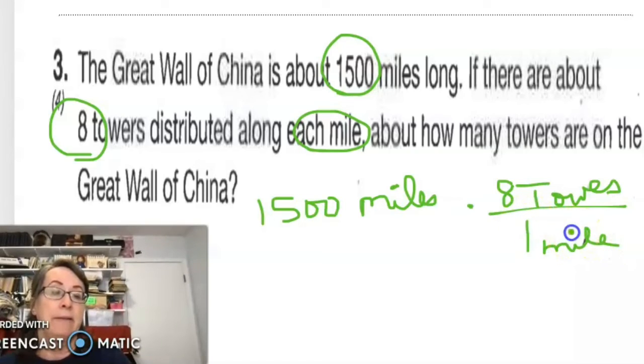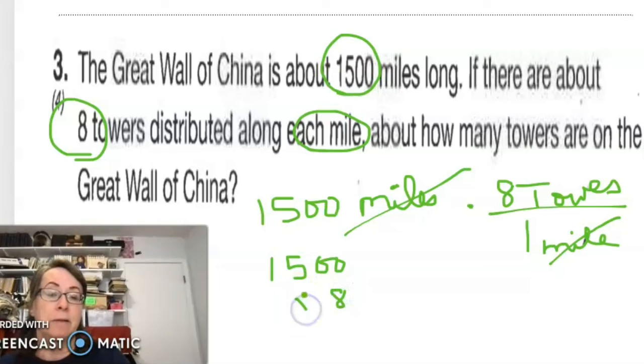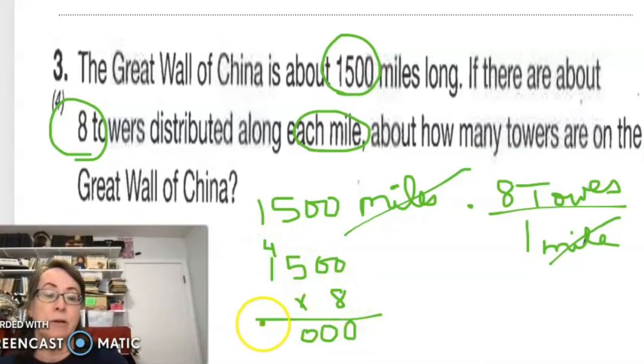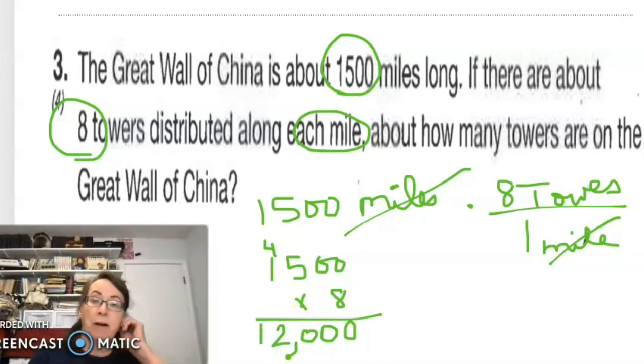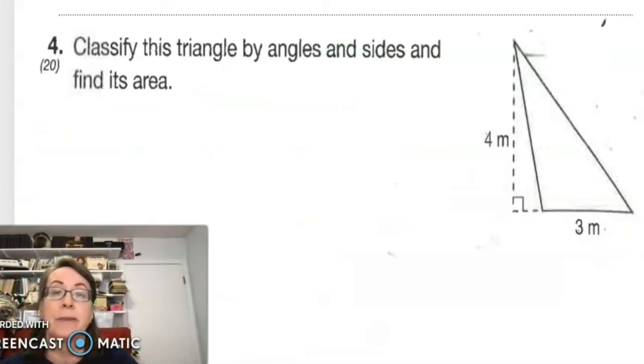Miles cancels miles, and it shows us that we're just going to multiply 1,500 by 8 to get the answer. So 0 times 8 is 0, 0 times 8 is 0, 5 times 8 is 40, carry the 4, 1 times 8 plus 4 is 12. So approximately 12,000 towers on the Great Wall of China.